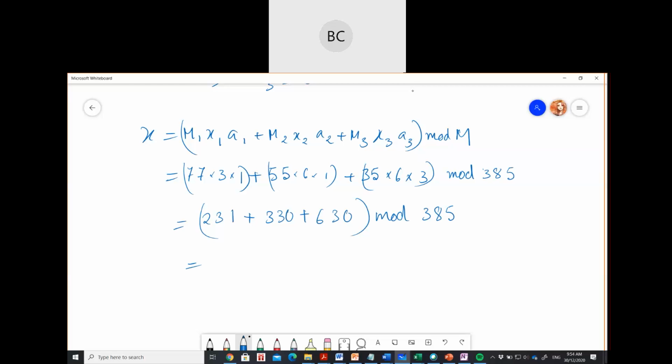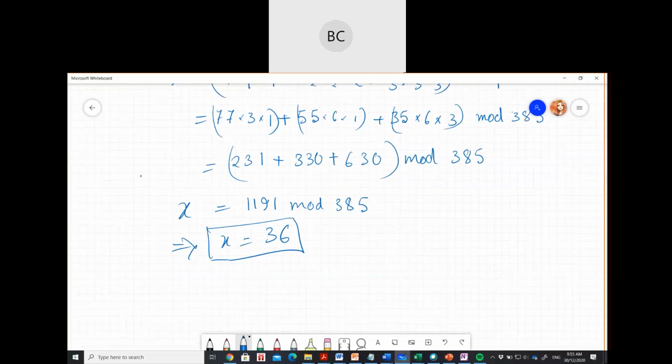Okay, now 1191 mod 385. So we need to find the x now, and for this x will be x equal to 36. Okay, so this is the solution using Chinese remainder theorem.